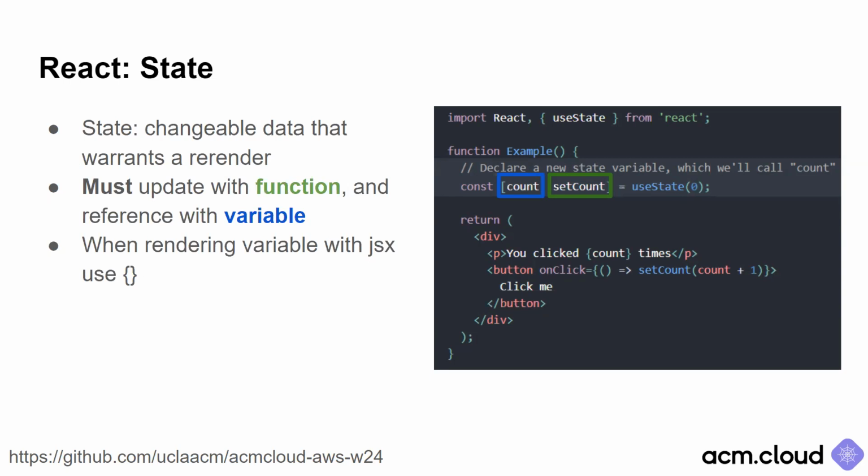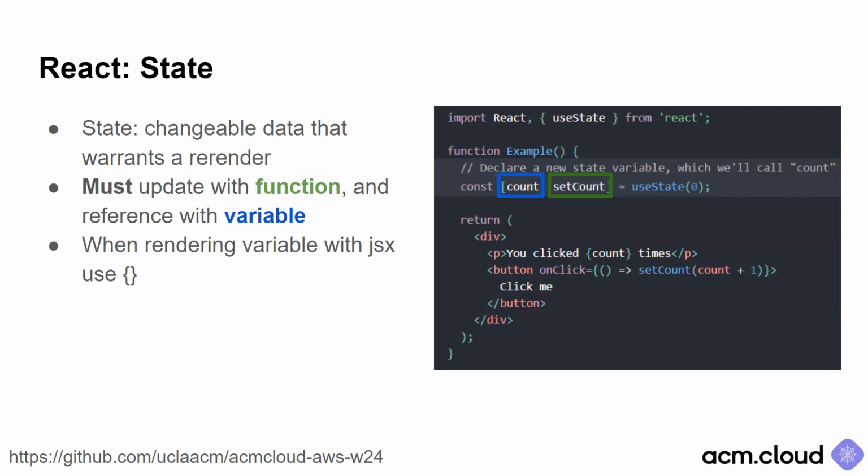React has this thing called useState. You can see we're importing it up there. Basically, if you use that hook, you're telling the React site, keep an eye on this variable. So if it changes, re-render the site, or re-render the components that depend on it. For count, for example, we have a function to update it, and we have a variable to reference it.